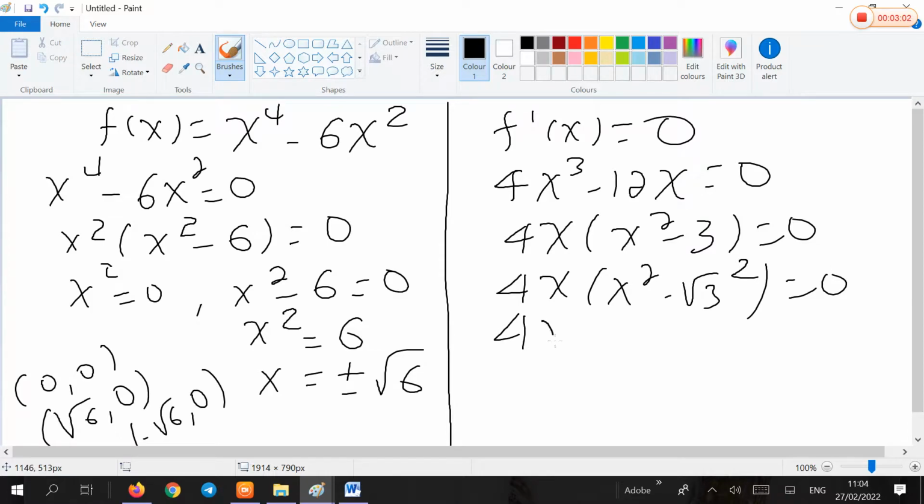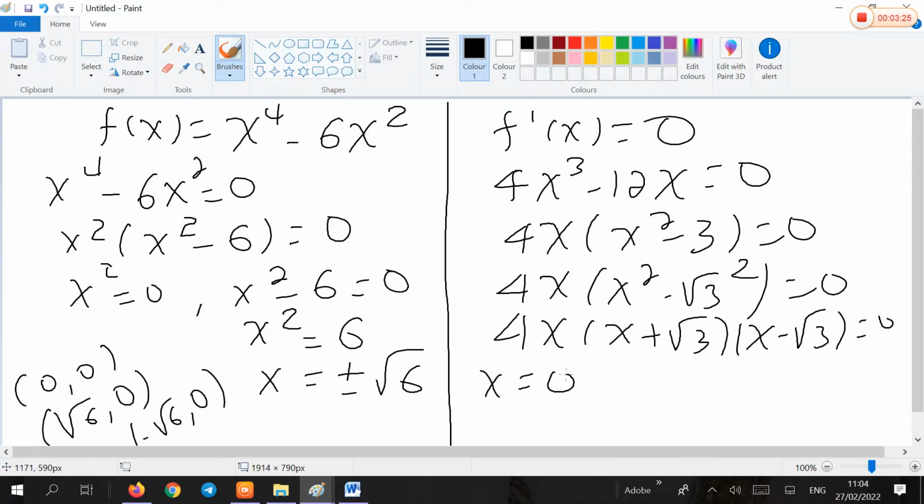Or x squared minus square root of 3 squared can be factorized as x plus square root of 3 times x minus square root of 3, which are 0. So numbers which make the expression 4x times x plus root 3 times x minus root 3 equal to 0 are critical numbers. The critical numbers are 0, minus square root of 3, and square root of 3.